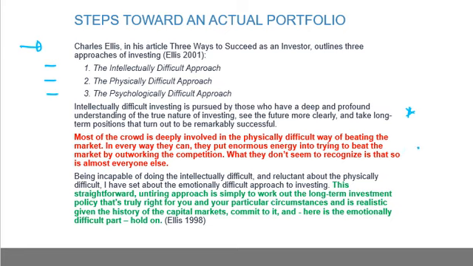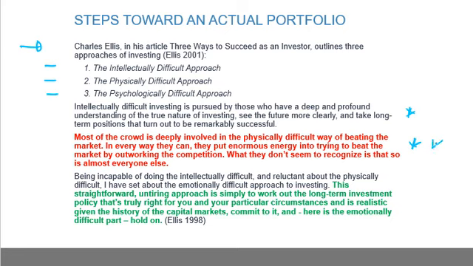The physically difficult approach, and I put this here in bold red, is that most of the crowd is deeply involved in the physically difficult way of beating the market. These are the day traders and these firms that encourage you to trade. In every way they can, they put enormous energy into trying to beat the market by outworking the competition. What they don't seem to recognize is that so is almost everybody else.